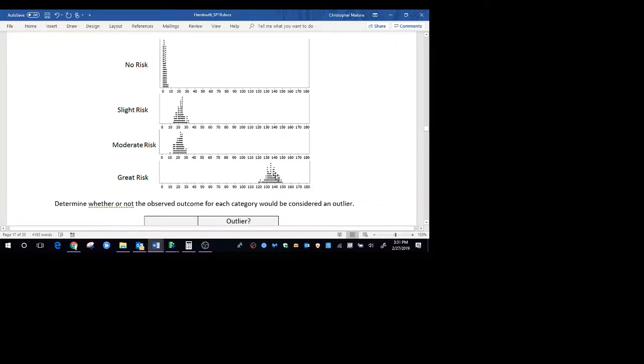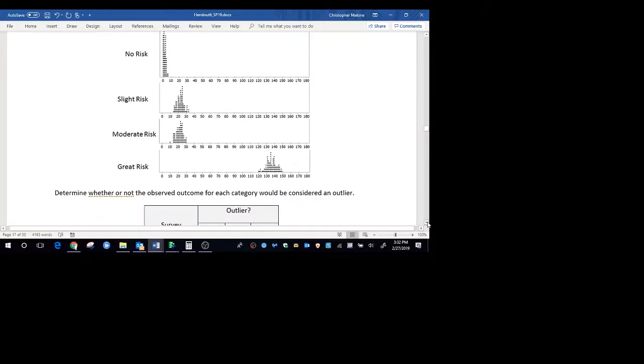They're somewhat wide here. They vary from 120 all the way up to 150. So they vary quite a bit here for the great risk, but they don't vary very much at all down here for the no risk. So one side effect of these parameters being different is that the widths of these reference distributions are going to vary. Now, we didn't have that problem before when we were looking at the previous example with the crime rates around the University of Minnesota, because all four pyramids were located at the same spot.